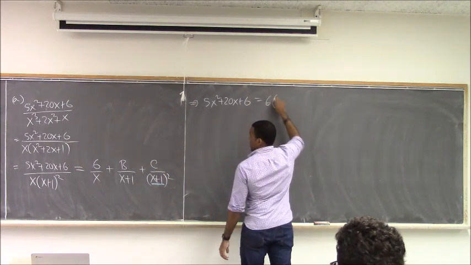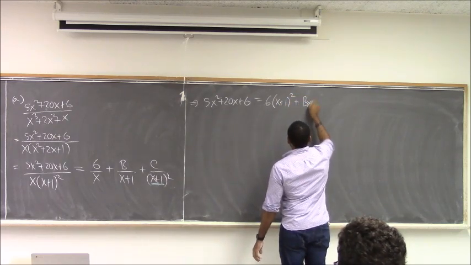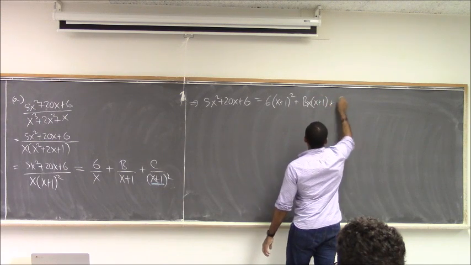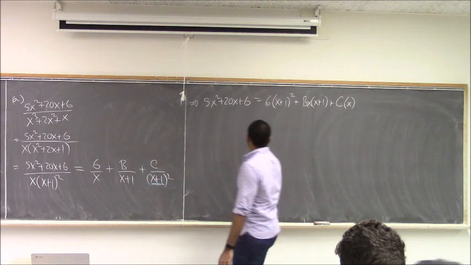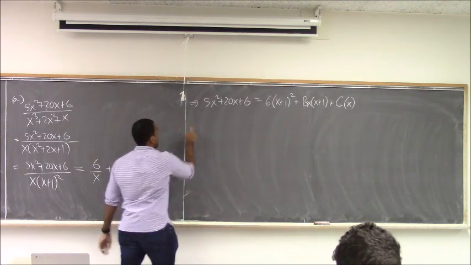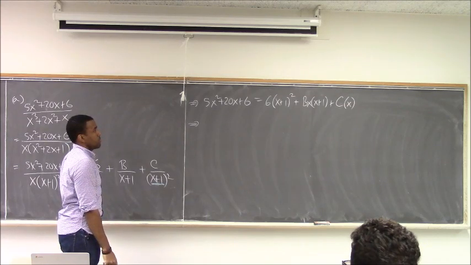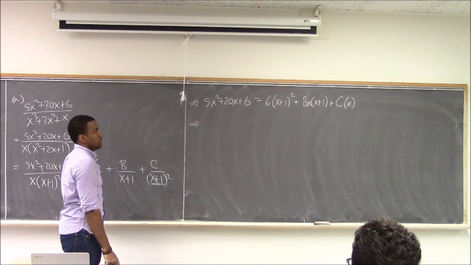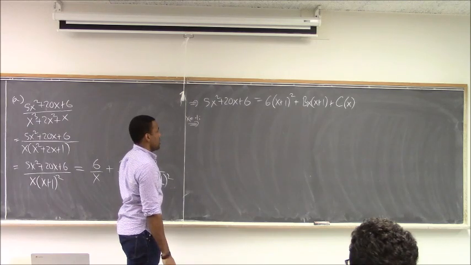I'm going to have 6 times x plus 1 squared plus B times x plus 1 plus C times x. Okay, now what? Do you see any convenient x's? x equals minus 1 is convenient. I can just get that out of the way and solve for the C.